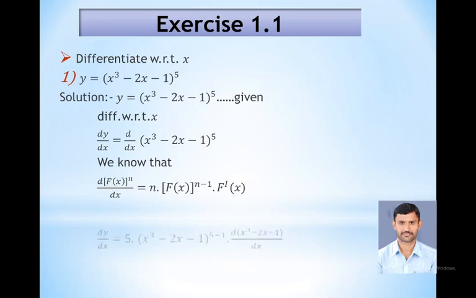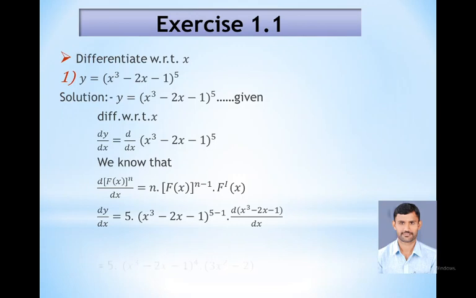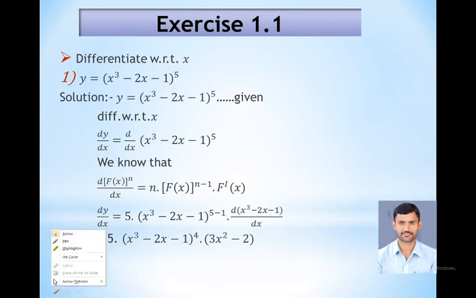So therefore dy by dx is equal to 5 into (x cube minus 2x minus 1) raised to 5 minus 1 into derivative of x cube minus 2x minus 1, which is equal to 5 into (x cube minus 2x minus 1) raised to 4 into derivative of x cube minus 2x minus 1, which is 3x square minus 2.